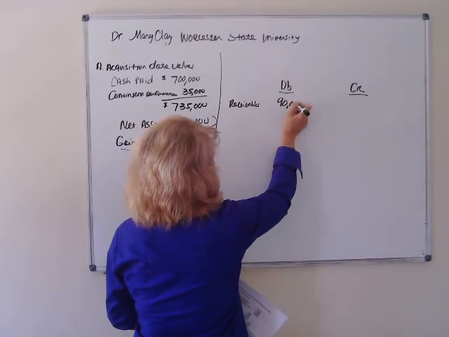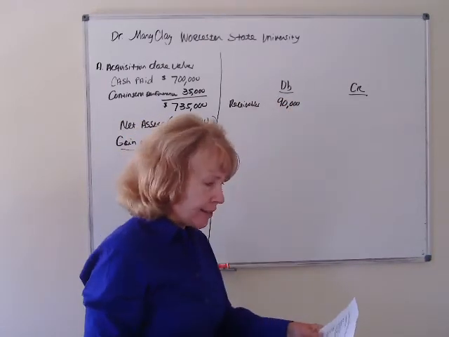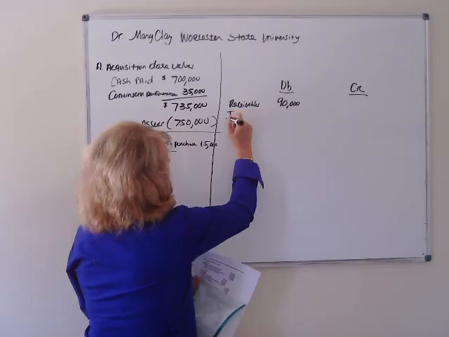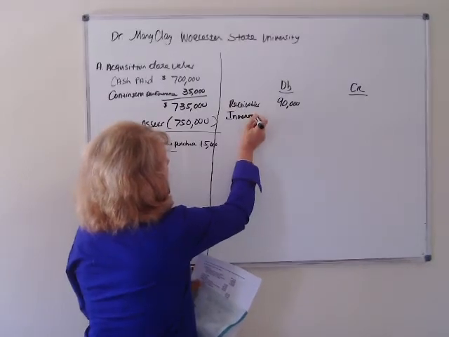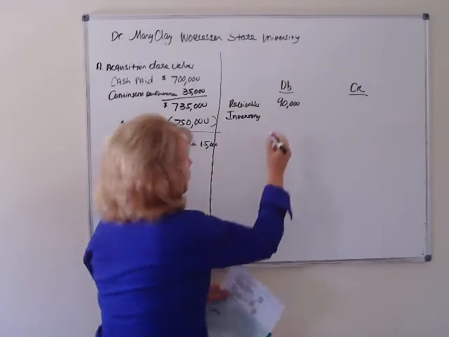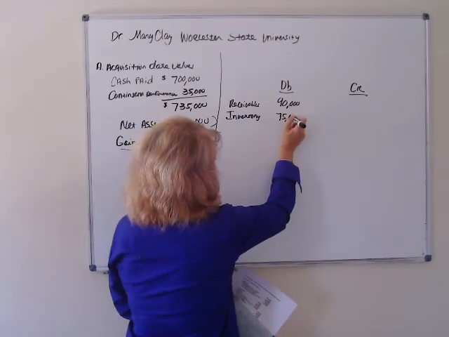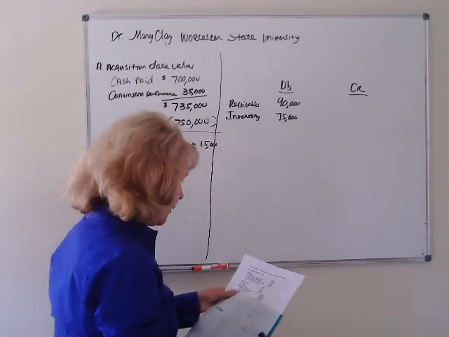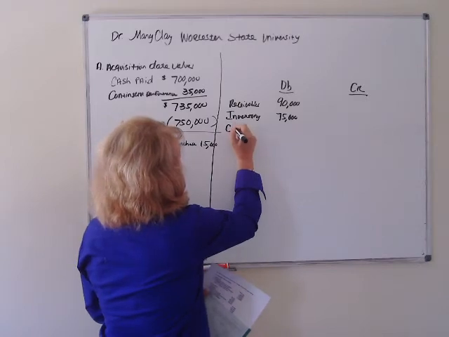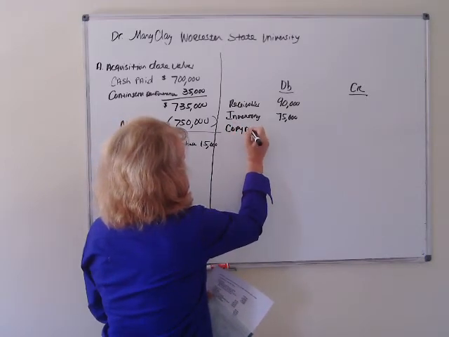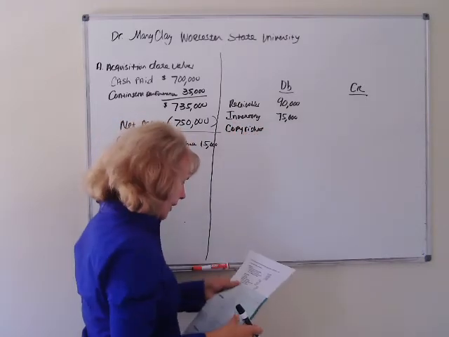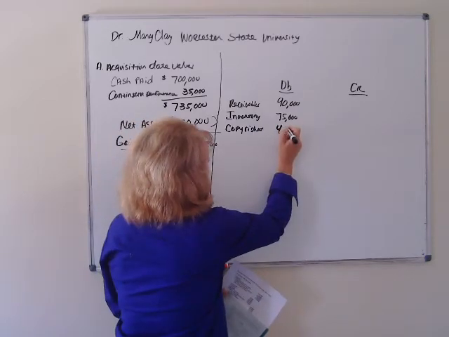I'm going to debit that. Remember, you need to know the basics of accounts. Inventory, also a debit, 75,000. Next, I have copyrights. That's an asset, 480,000 debit.